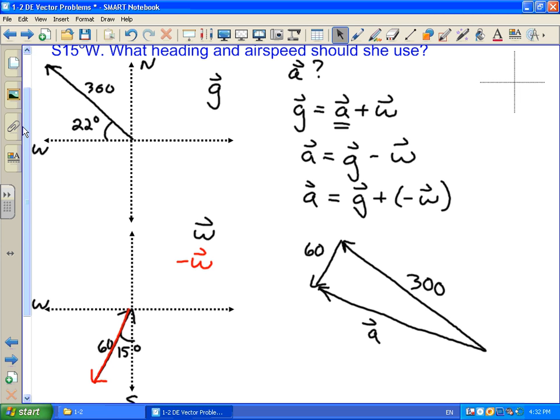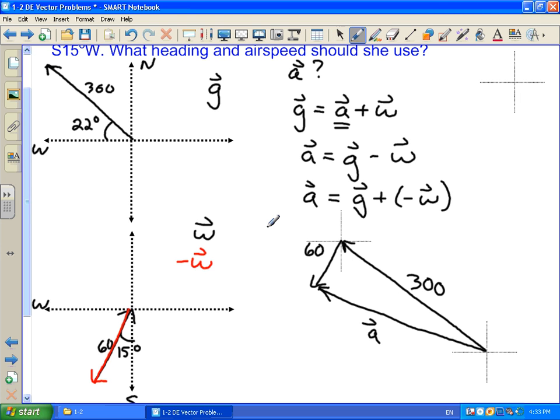Now the next thing we need to figure out is some angles in here. So I'm going to use our little coordinate axes again. I'll put one over here too, just in case we need it. Let's take a look first at our ground velocity vector here.